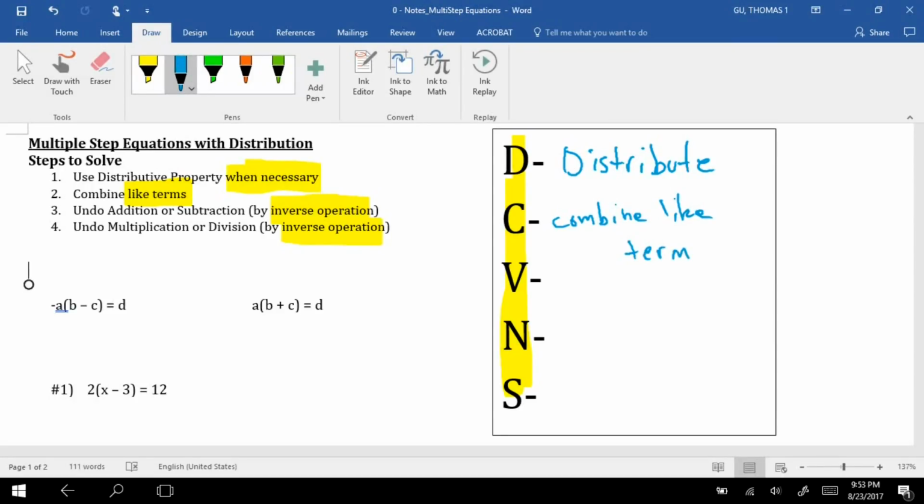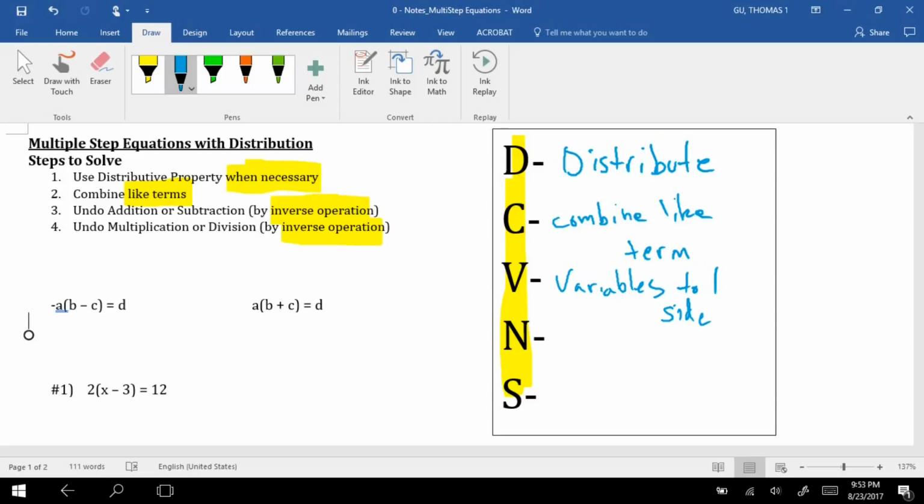All right, now we got the V. What do you think the V means? These steps are supposed to help you solve any of those equations where there's that equal sign. You're trying to see what the variable means. Variable, that's a hint. We're gonna move the variables to one side. Wait. Side, there you go, to one side.